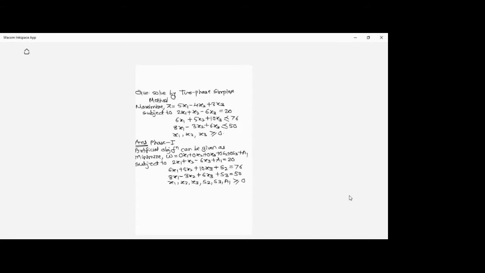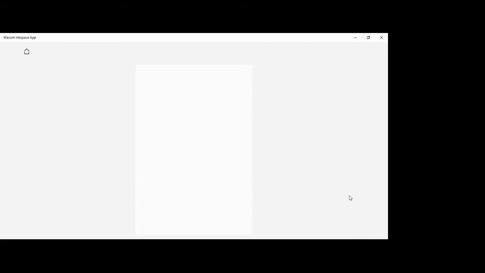I'll just use the next page to make the simplex table, and then we can solve this. I won't be writing our objective function and the constraints again, I'll just represent them in table format.